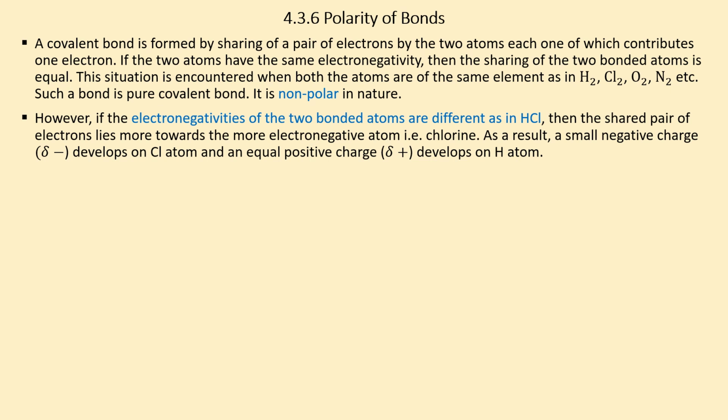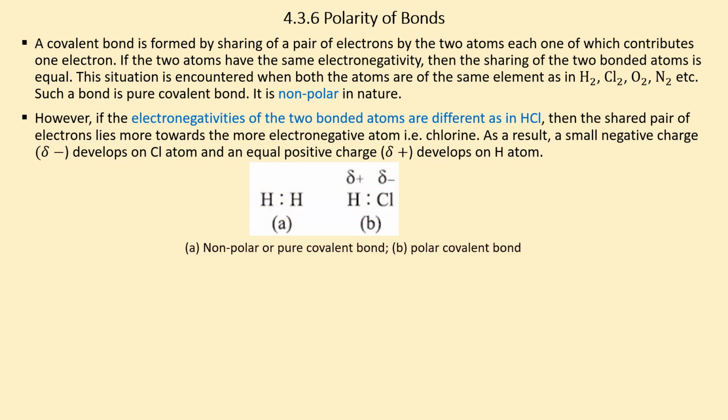On the other hand, if the electronegativities of the two bonded atoms are different, as in the case of HCl, then the shared pair of electrons lies more towards the more electronegative atom, that is chlorine. As a result, a small negative charge, delta minus, develops on the Cl atom and a small positive charge, delta plus, develops on the H atom, as shown in the figure.